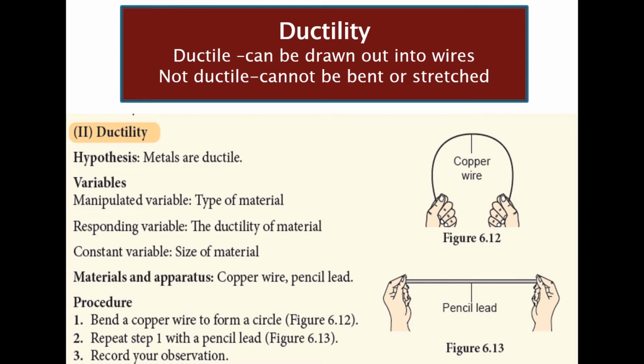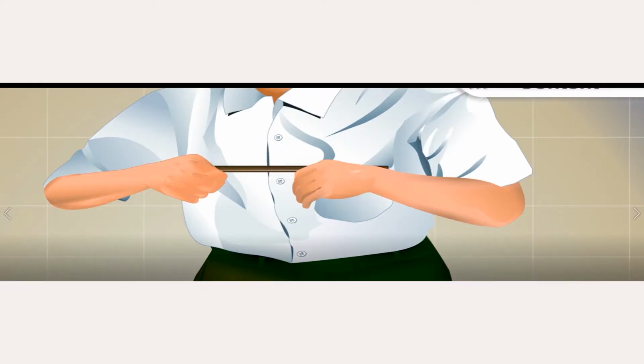Ductility is the ability of a material to be stressed into wire. A material is ductile if it can be drawn out into wires. It is not ductile if it cannot be bent or stressed. Try to bend the rods.